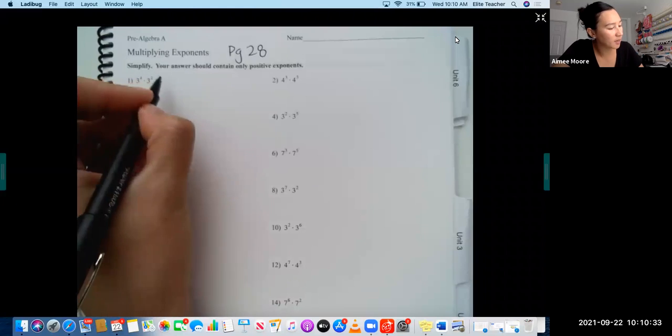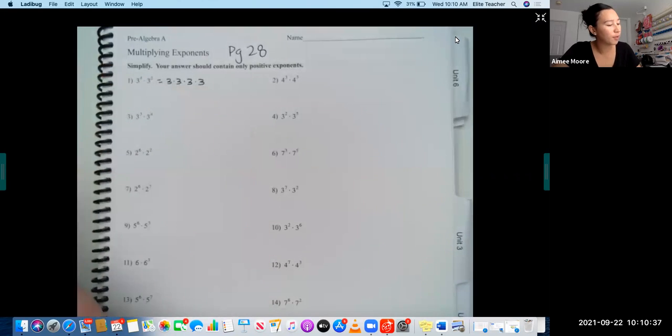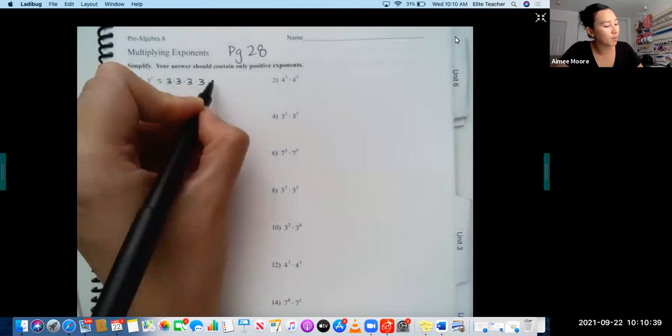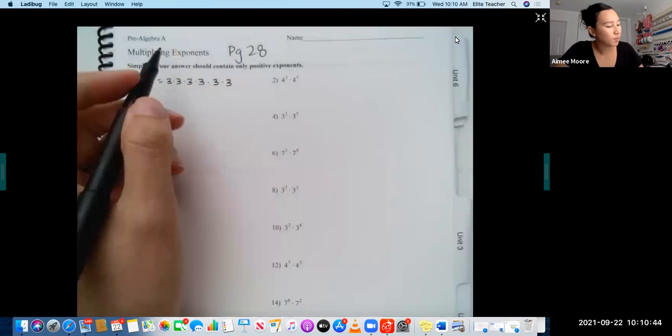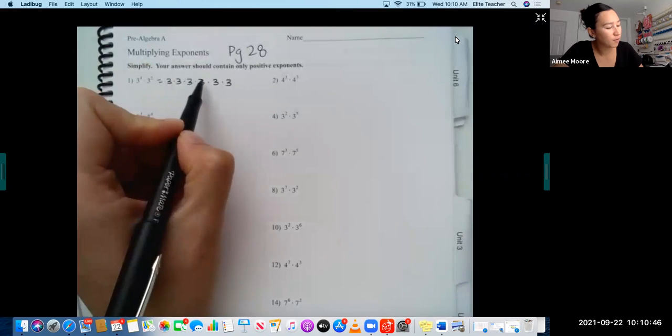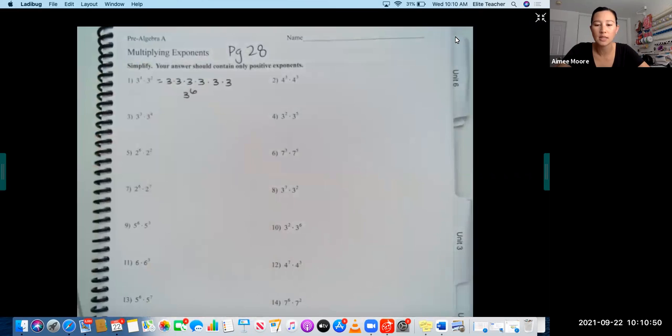So we'll still expand. So 3 is 1, 2, 3, 4 times 3 to the 4th power times 3 to the 2nd power. So 3 multiplied 2 times, which means we have 1, 2, 3, 4, 5, 6 3s that are being multiplied, which is 3 to the 6th power.